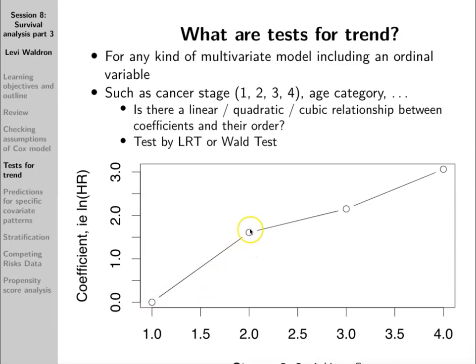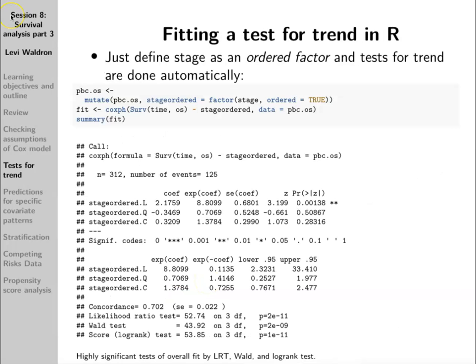So stage 1, 2, 3, and 4, and every one of them is higher, and it does look approximately linear. So it looked like we had a trend, and a test for trend is a way of testing that hypothesis of there being a trend.